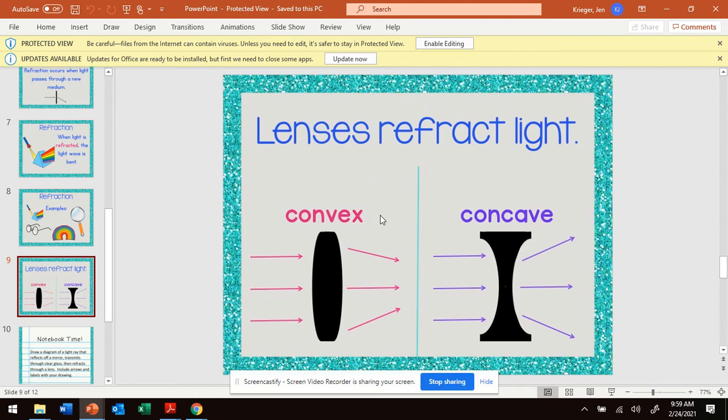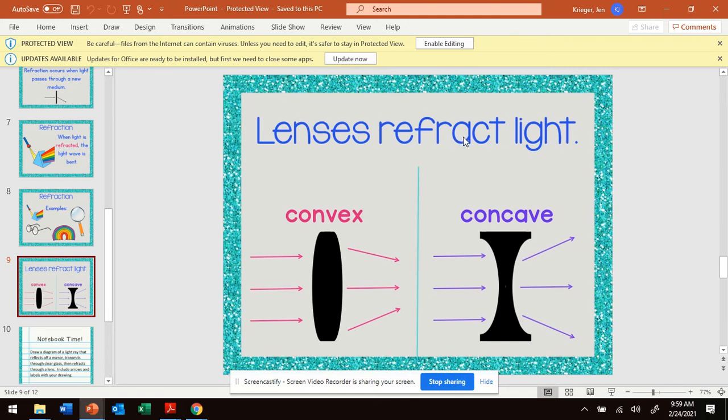So, some fun facts here, depending on your eyesight. Maybe you've been to an eye doctor, an optometrist before. Depending on how your eyesight is, you might notice that lenses on your glasses appear differently. To my left, these lenses are refracting the light.